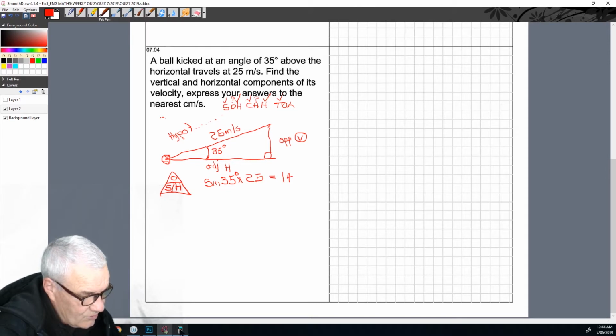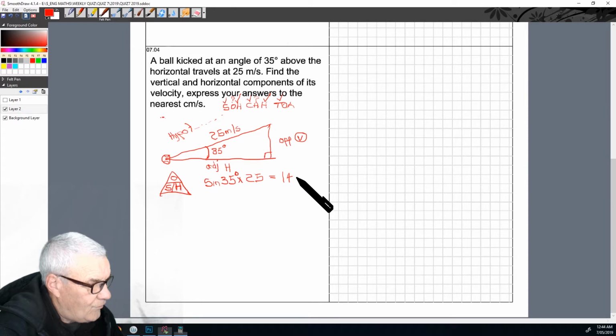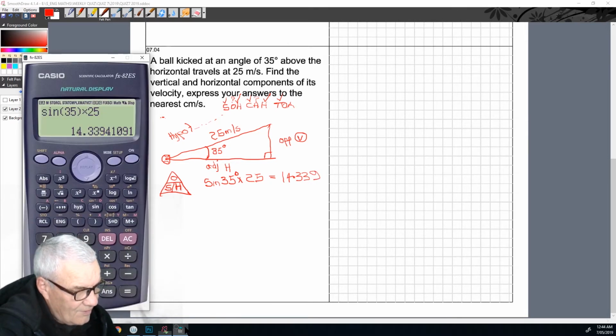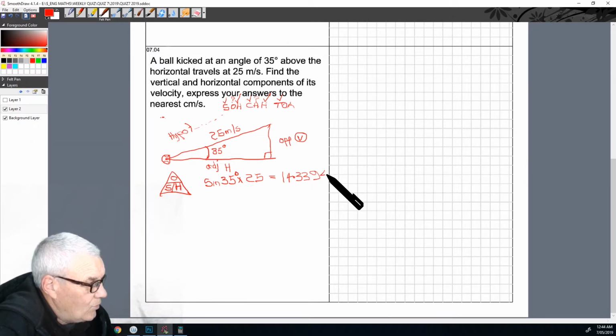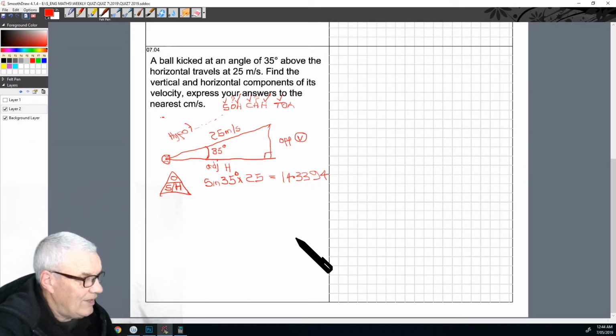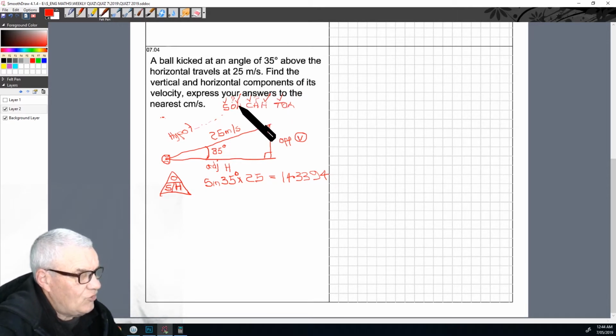Okay, and that's going to run away. 14.339 actually. 14.3394. I'll put it to 4 decimal places. Now the question says, express your answer to the nearest centimetre per second.